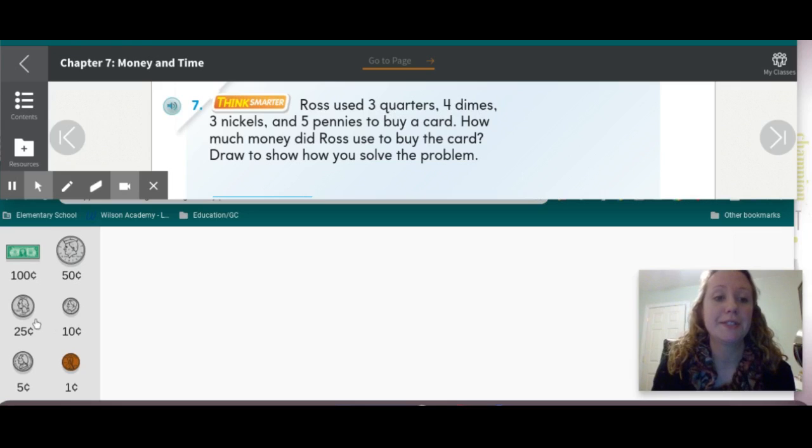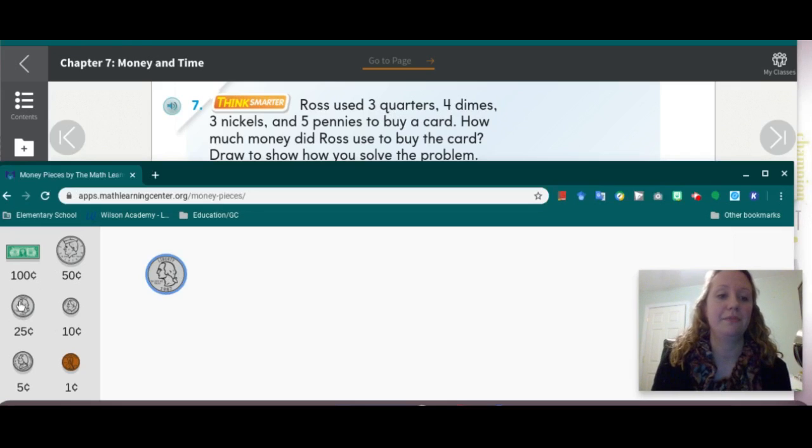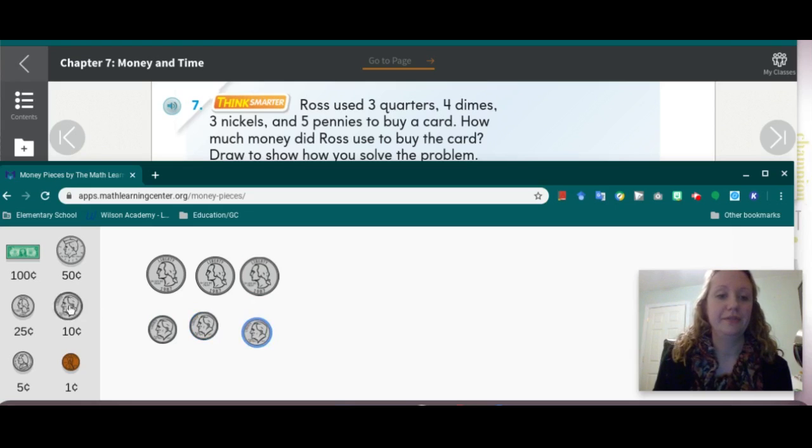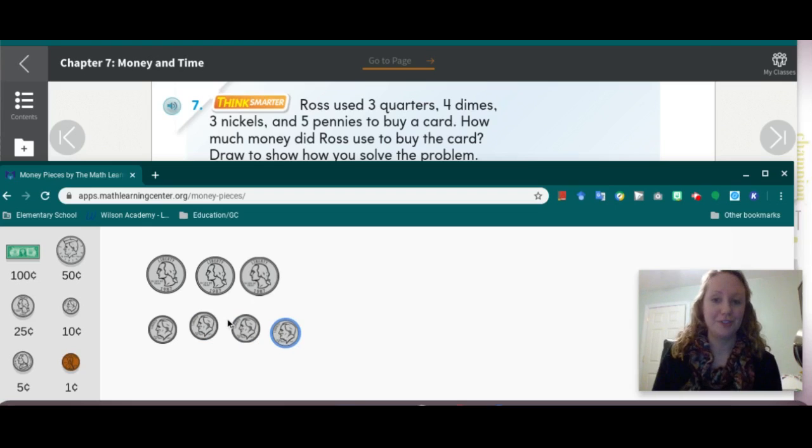So let's start with the quarters because they have the highest value. Now let's add the 4 dimes. 10, 20, 30, 40. We know that 3 quarters equals 75 cents. 25, 50, 75. All right, so we have 75 cents here. We have 40 cents here.